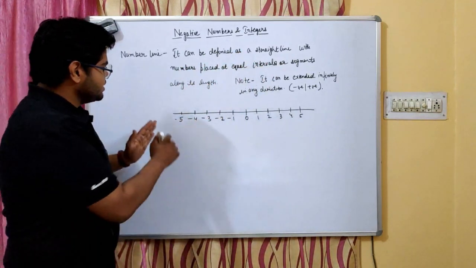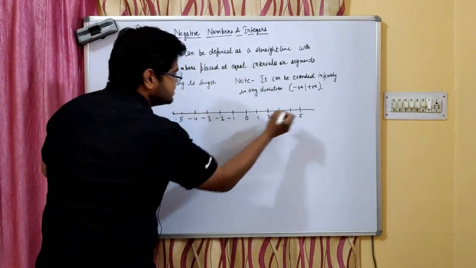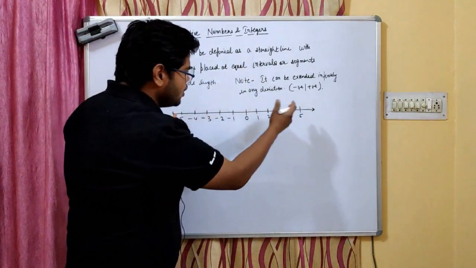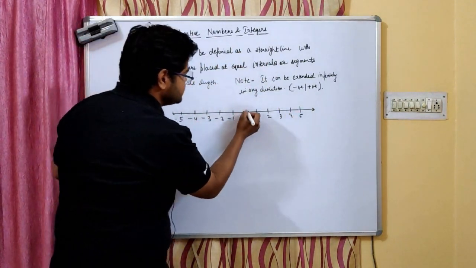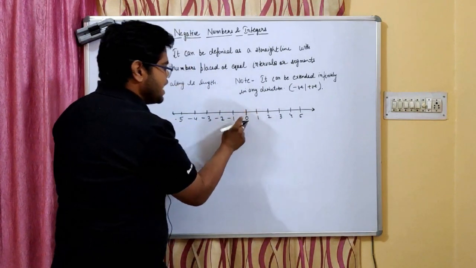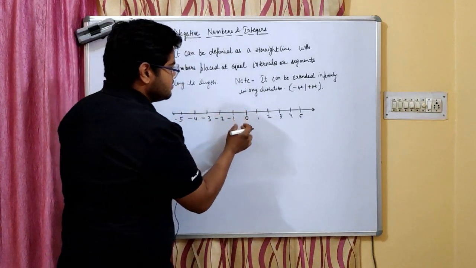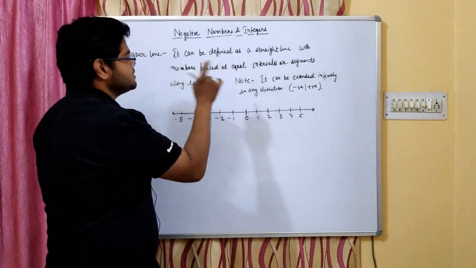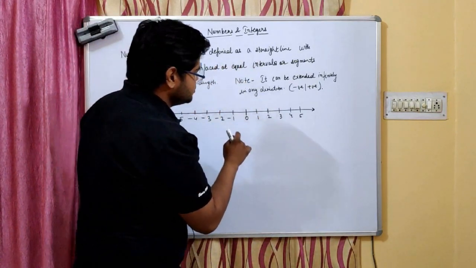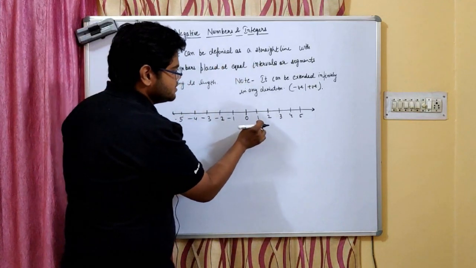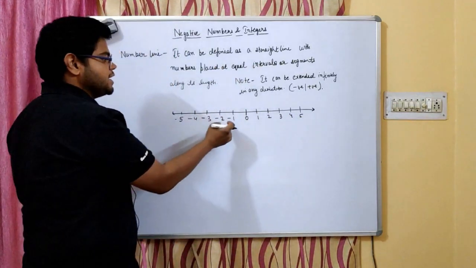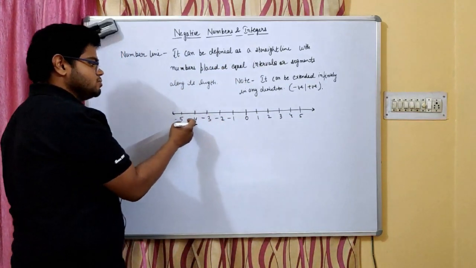So children, we have a simple horizontal line, and on this line, firstly we will start with 0. There are numbers placed here: 1, 2, 3, 4, 5, and on the left side -1, -2, -3, -4, -5.